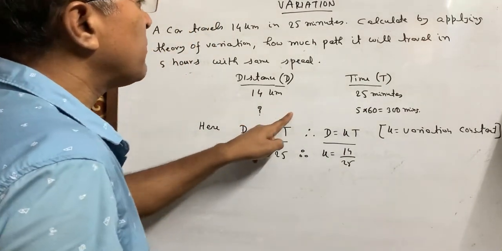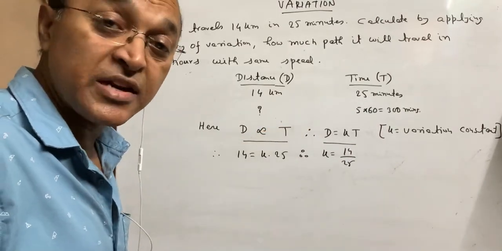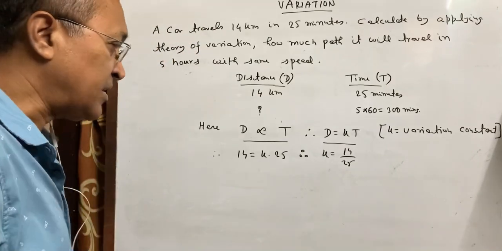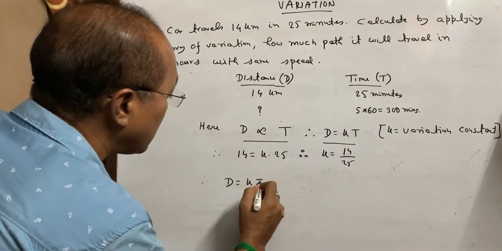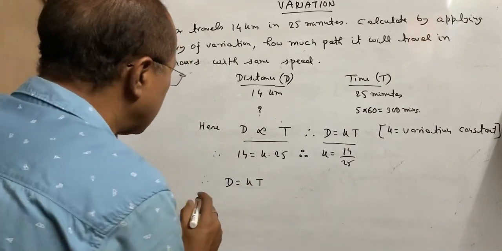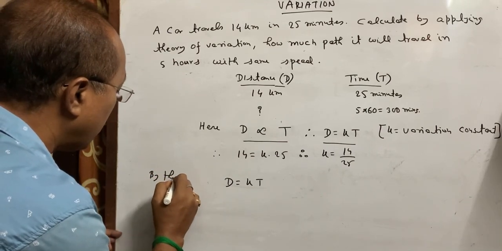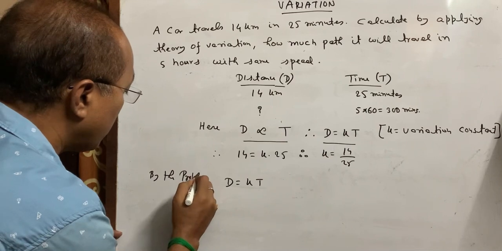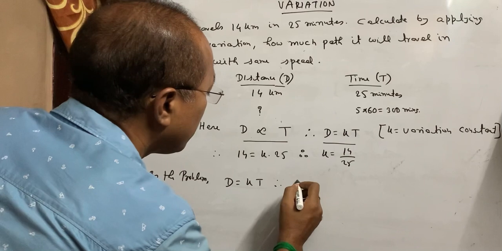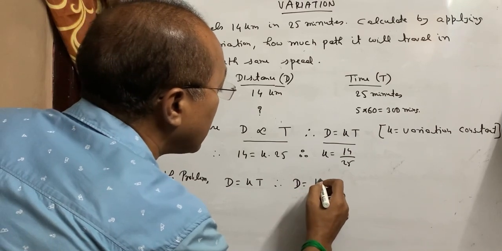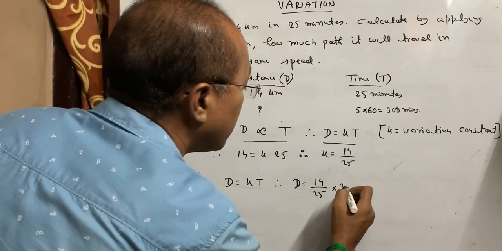Now what to find out? In 5 hours, that is in 300 minutes, what distance will it travel? Therefore d is equal to kt. By the problem, d is equal to k times t, where k is 14 by 25 and t is 300.